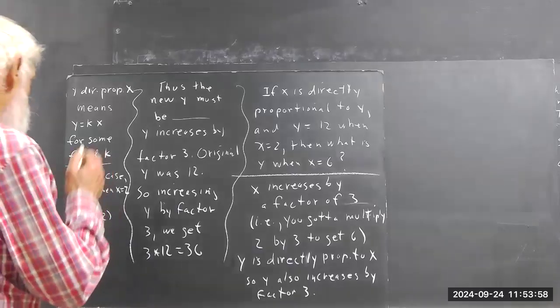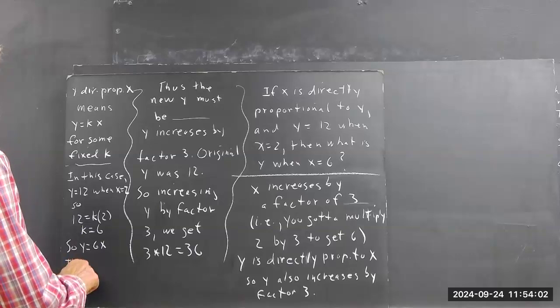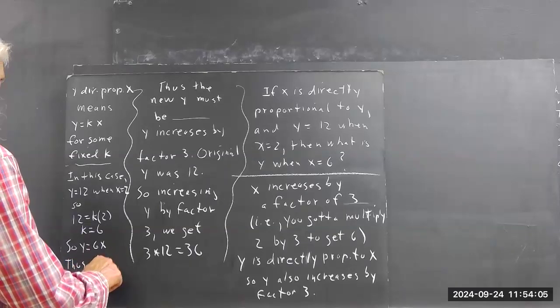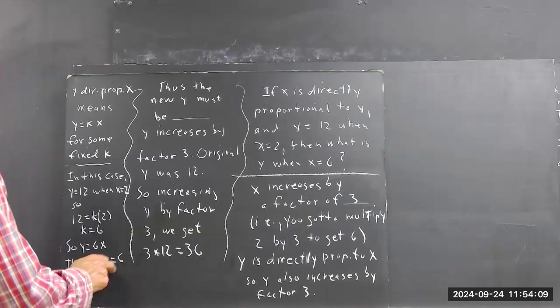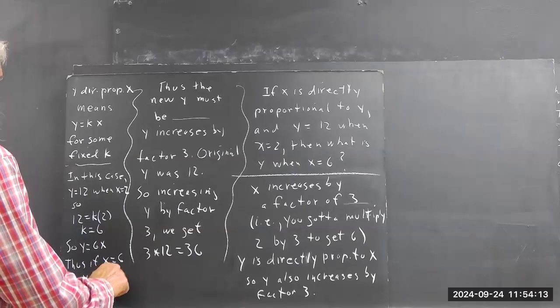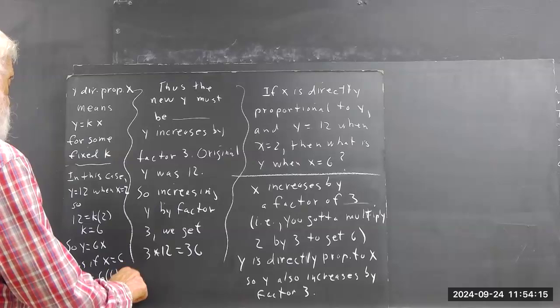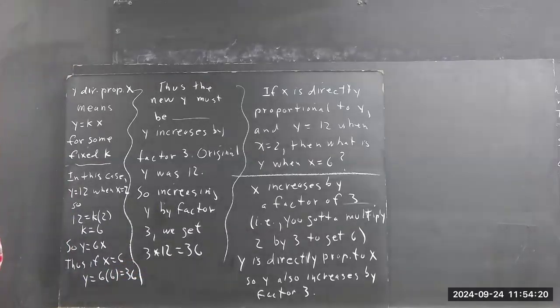Y equals 6x. Thus, x equals 6. Y equals 6 times 6 is 36.